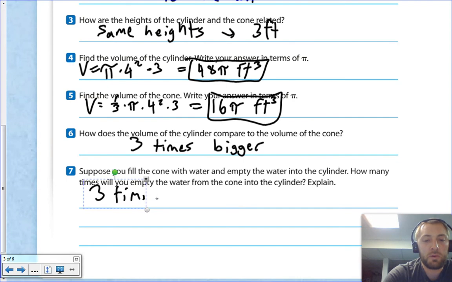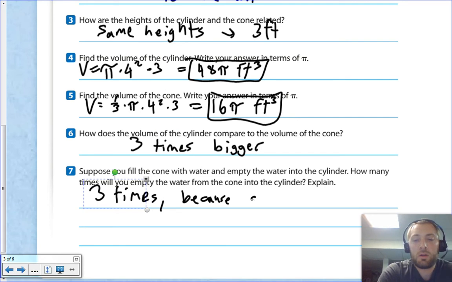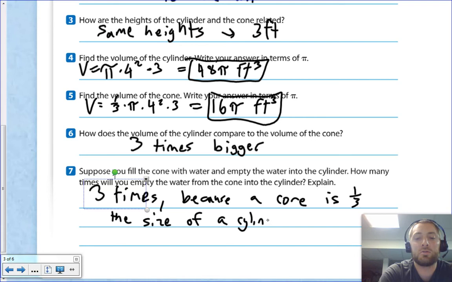And to explain that, it's because a cone is 1/3 the size of a cylinder. And we're assuming those cones and cylinders have the same height and radius. So you can fill 3 cones into that cylinder.